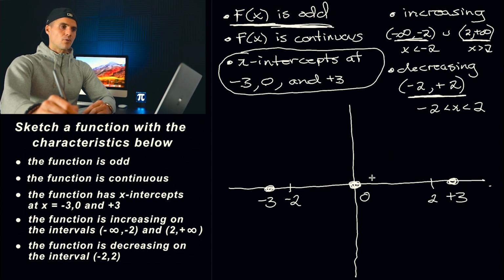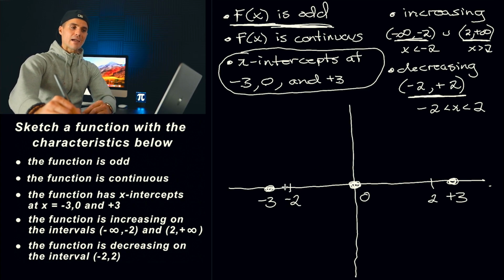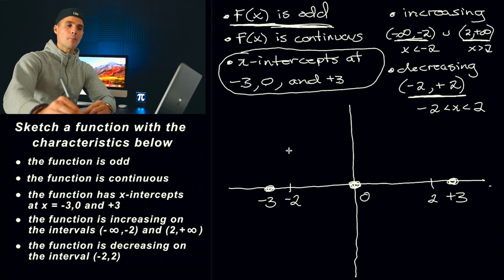Okay, so let's try to draw something here. Now, we know that the function is going to be increasing to -2, but then it's going to be decreasing after -2, between -2 and +2. So we know that basically at -2, there's going to be some kind of local maximum value, because up until that point, the function has to be increasing, and then after, the function is going to be decreasing.